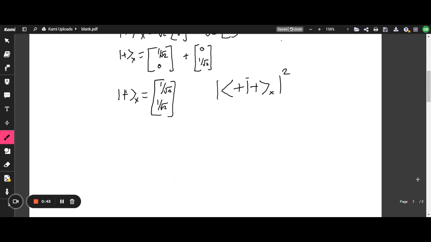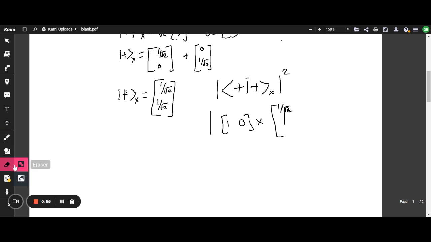So replacing these with these matrices, we get 1, 0 times 1 over square root 2, 1 over square root 2.